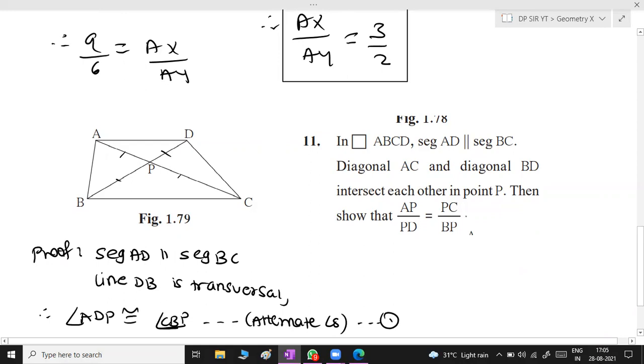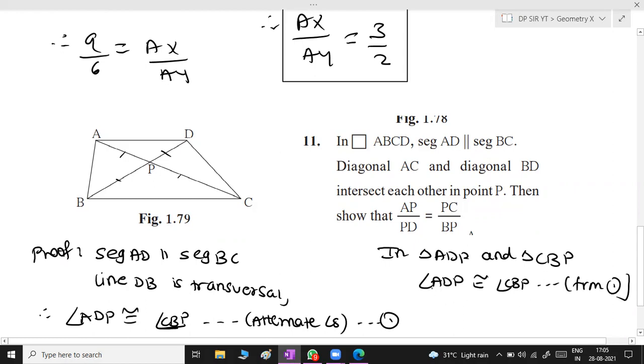Now go for proving the triangles to be similar. So take two triangles. I'm taking triangle ADP and triangle CBP. Okay. So angle ADP is congruent to angle CBP from 1.